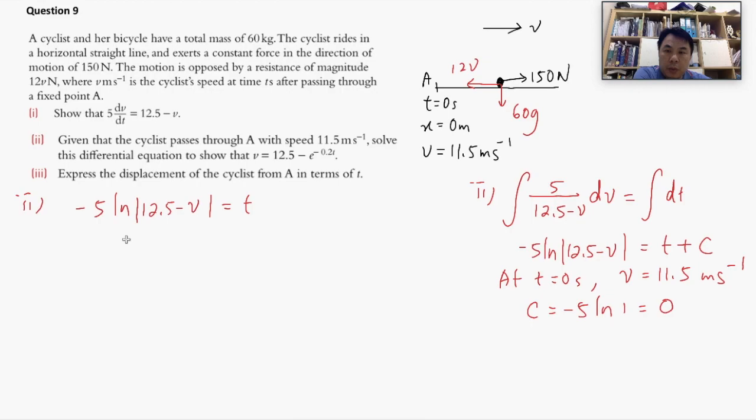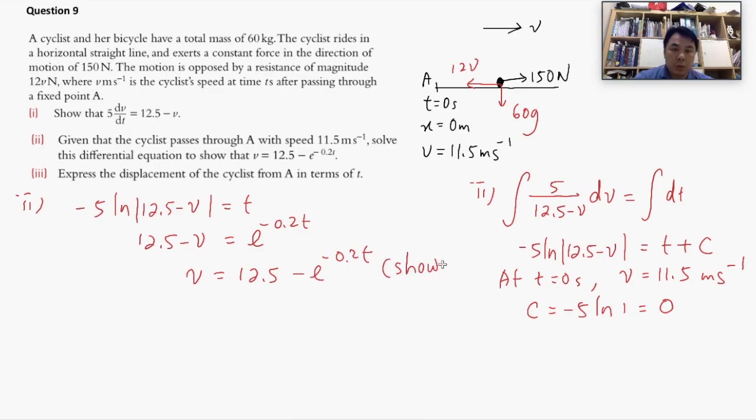Then we can rewrite this as 12.5 minus V is equal to e^(-0.2t). Therefore, V is 12.5 minus e^(-0.2t). So we managed to show this. I hope that is clear.